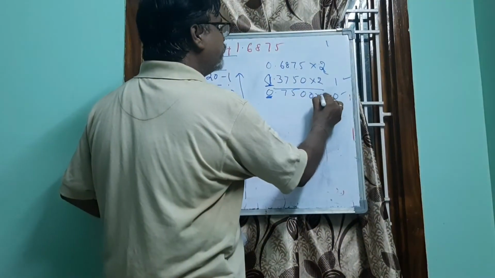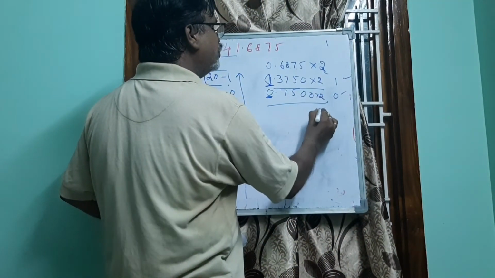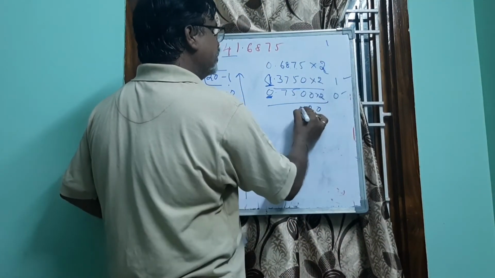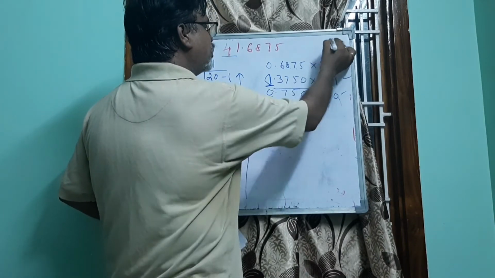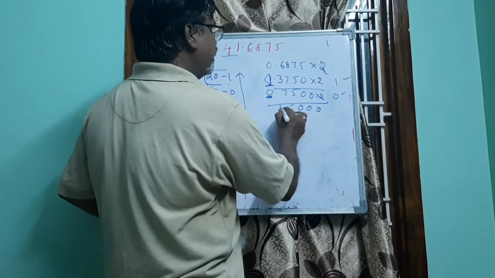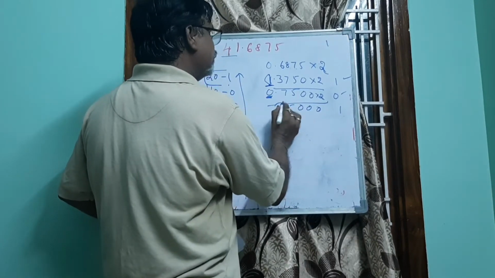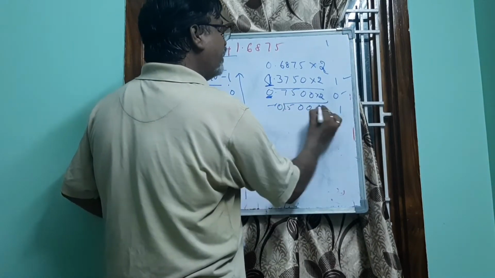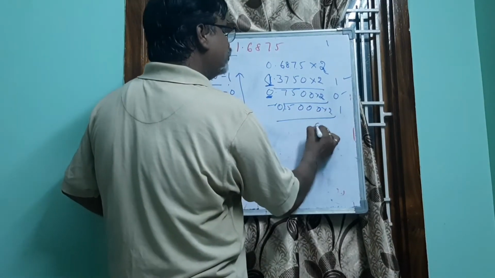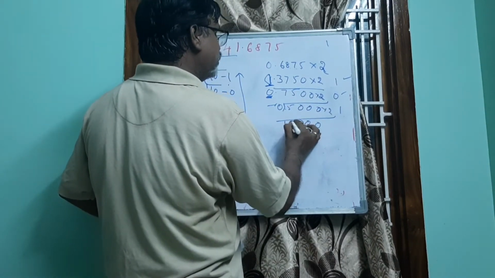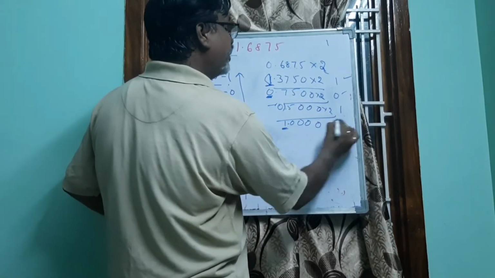Again you multiply this by 2: 2 zeros, 2 zeros, 2 5s are 10, 2 7s are 14 plus 1, so it is 15. Whatever you got, 1, you write here and this becomes 0. Again you multiply this by 2, 0 0 0, 2 5s. Here you got 1, you write 1 here.